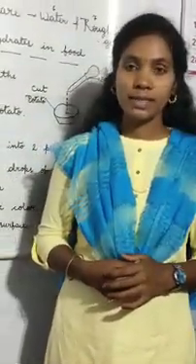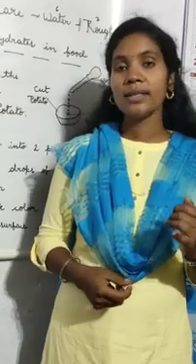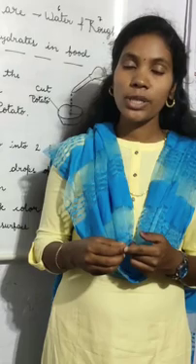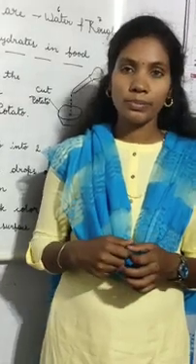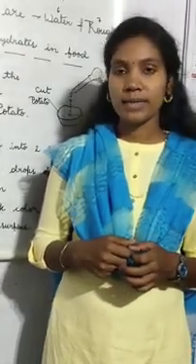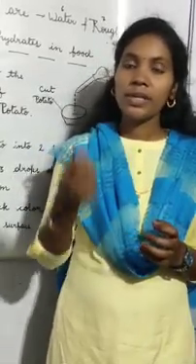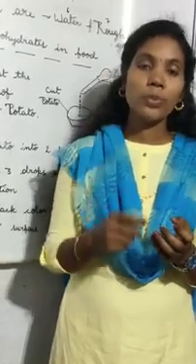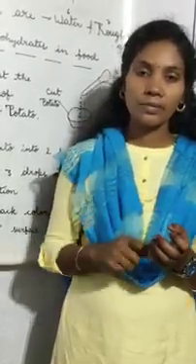What are the materials we require to do this test? We require a potato, a knife, a dilute iodine solution and a dropper. How do we do this? First, we take a potato and cut it into 2 pieces with the help of a knife.